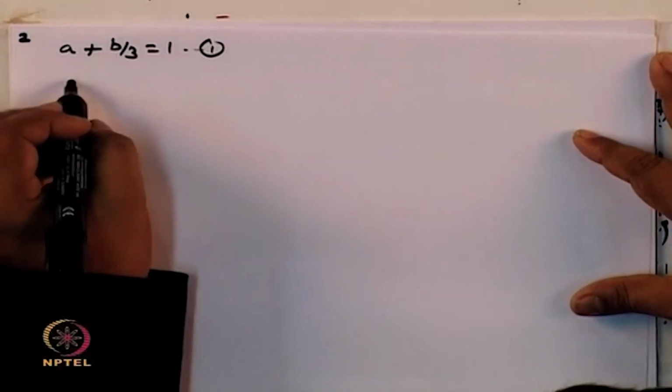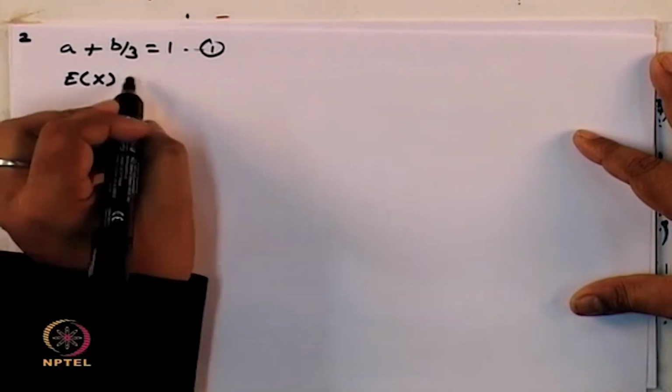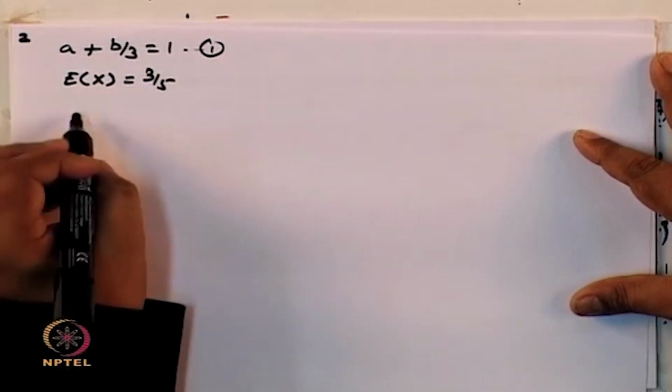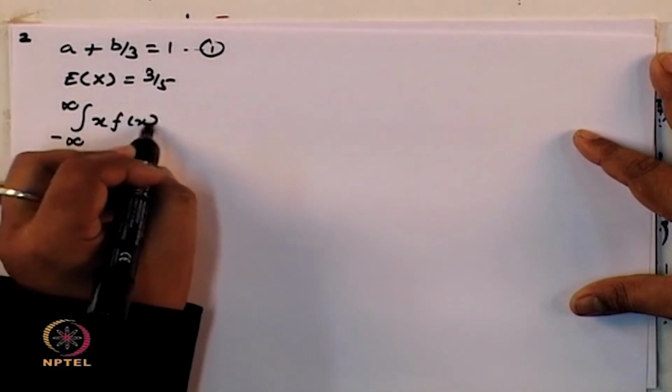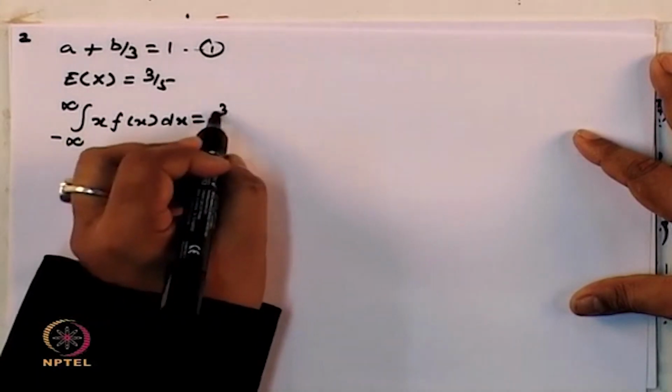Now, the other equation we have is E of x is equal to 3 by 5. So, E of x is defined as the integral of x f x dx. This is 3 by 5.